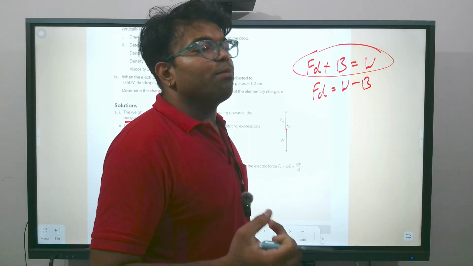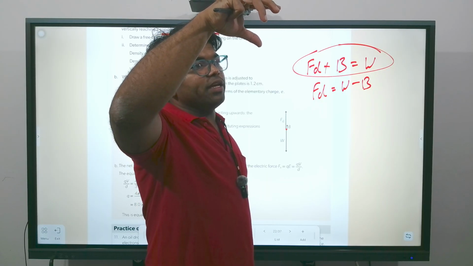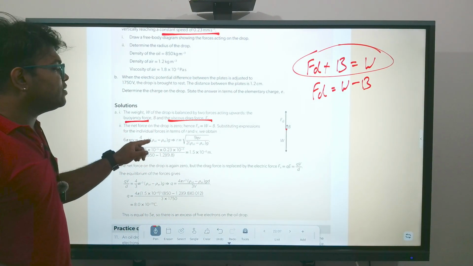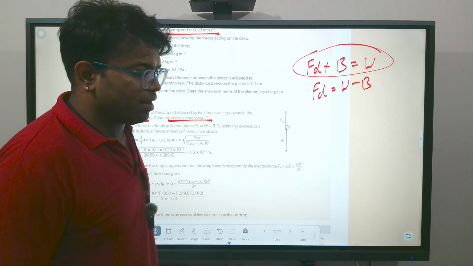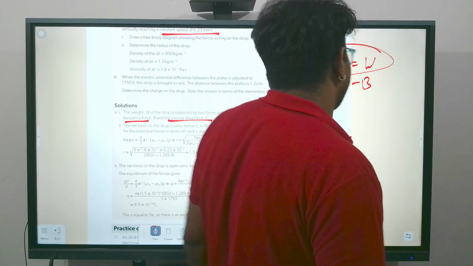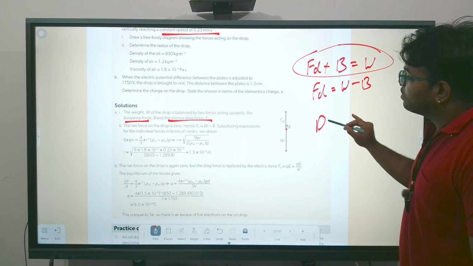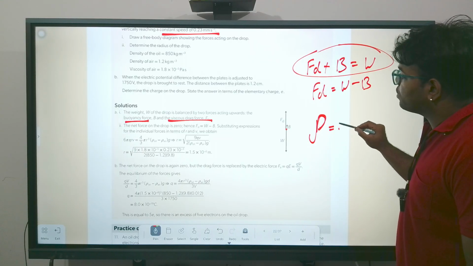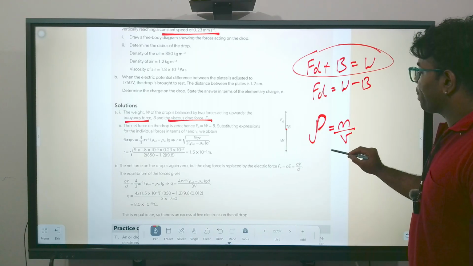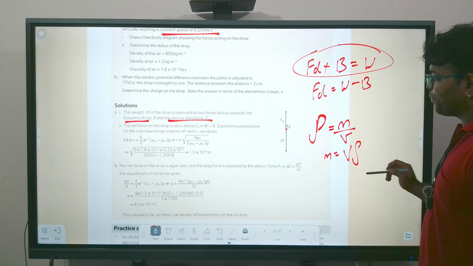What is the buoyant force? The buoyant force is equal to the weight of the fluid displaced. The downward minus the upward: the density of oil minus the density of air. We know that density is equal to mass upon volume, therefore mass is equal to volume times density.